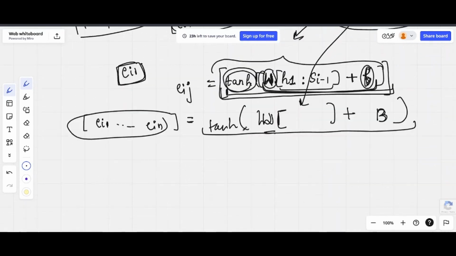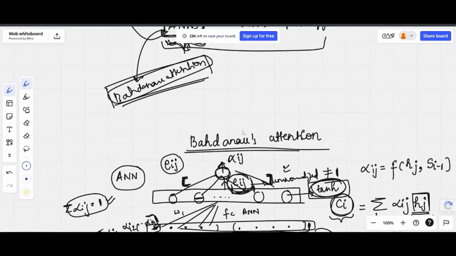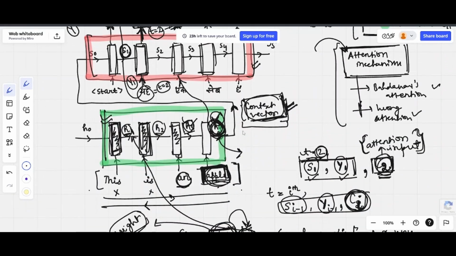So from my encoder, let's say I am finding out the importance of H1 for time step t equals 2.